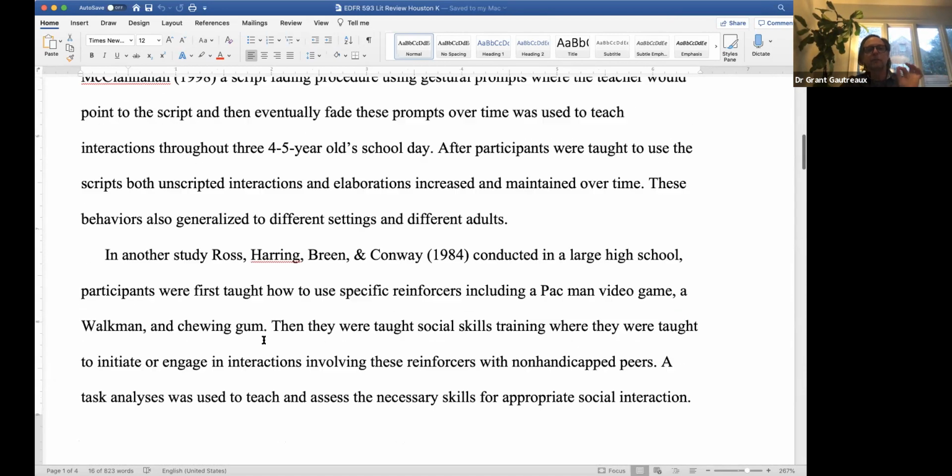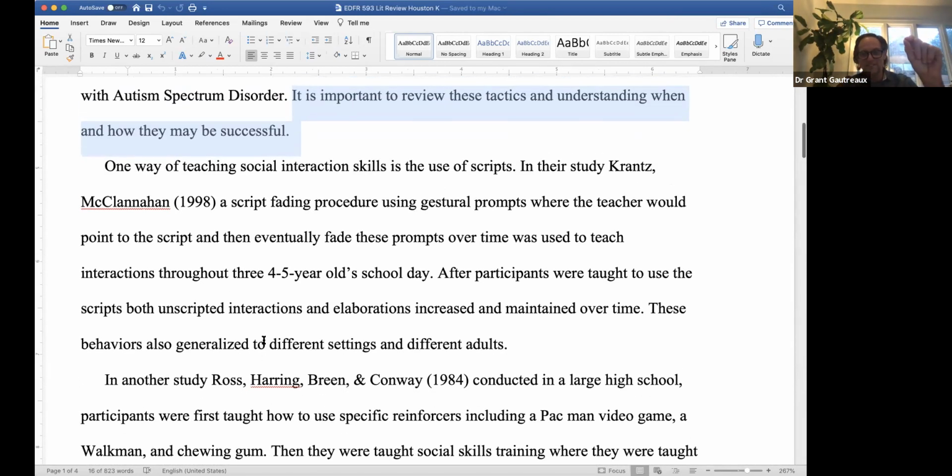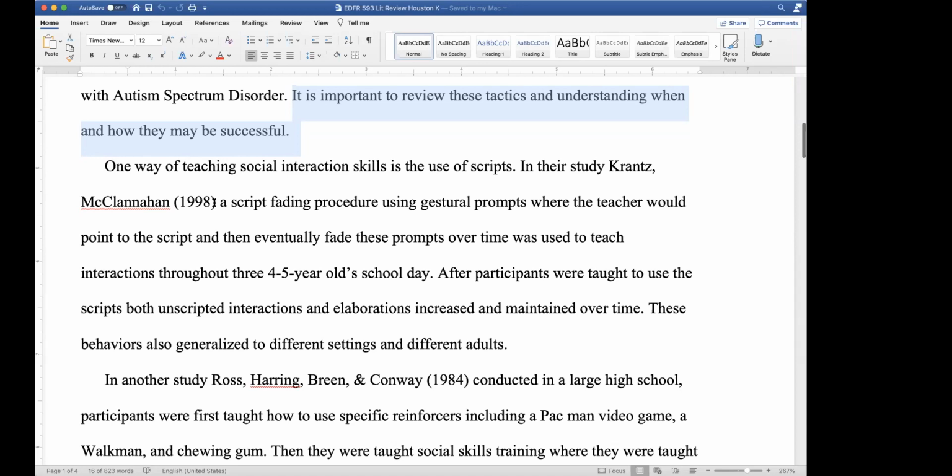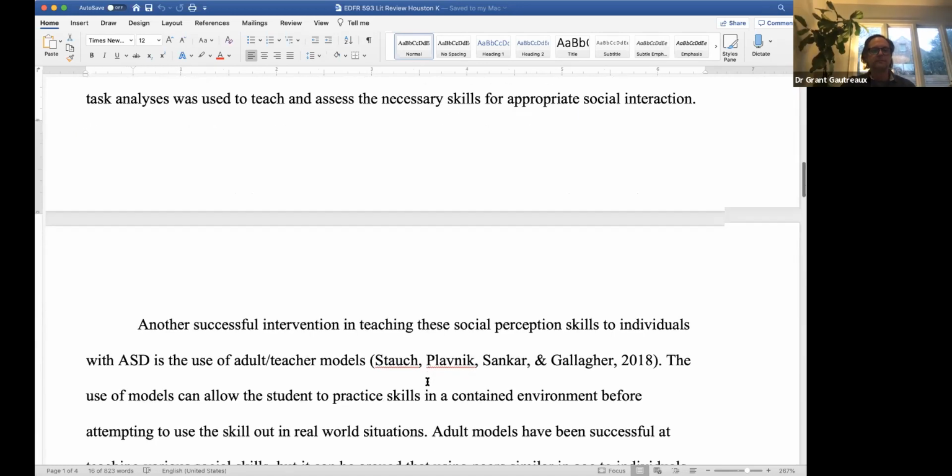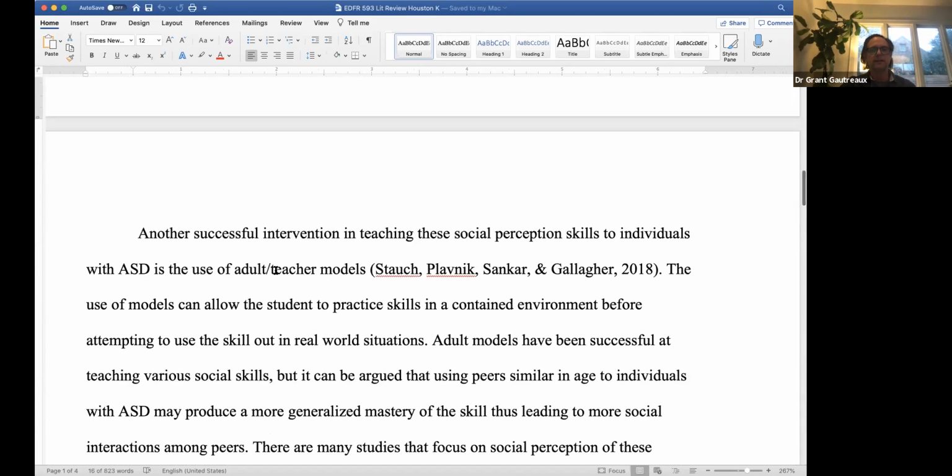Now, there are several people who use the script model, and I would have just maybe wanted more than just Krantz and McClanahan's support here. I'd want to see what other script writing researchers are out there. That's helpful. You're not hanging your hat on a piece of thread, all right, that way. All right.